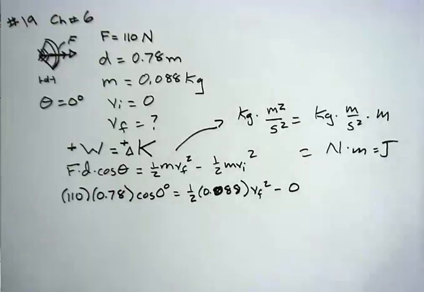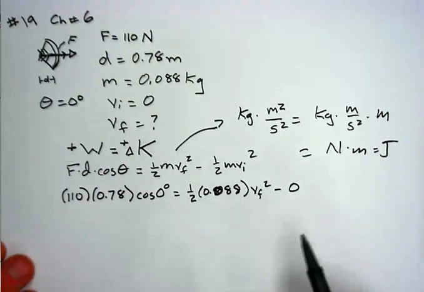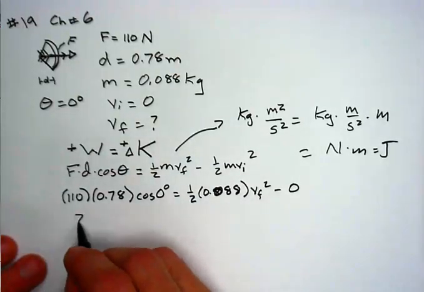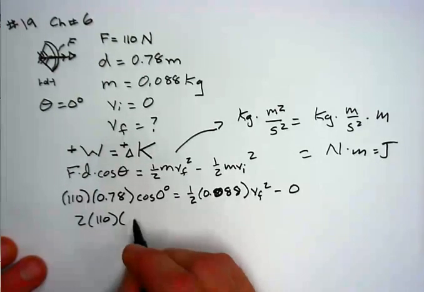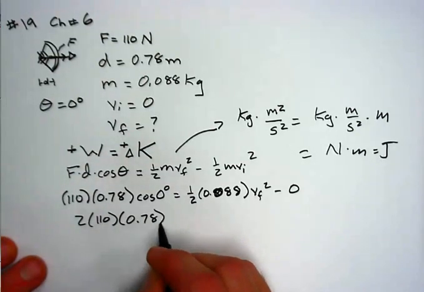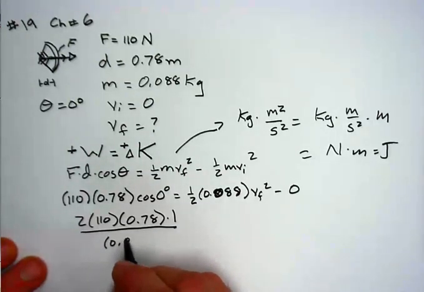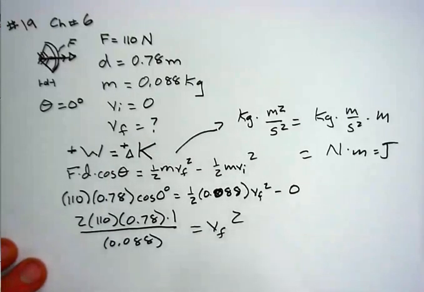V sub i is 0, so 0 squared is 0, and that all cancels out. So if we do a little math-a-magic here, we would get 2 times 110 times 0.78 times 1 divided by 0.088 is equal to v sub f squared.